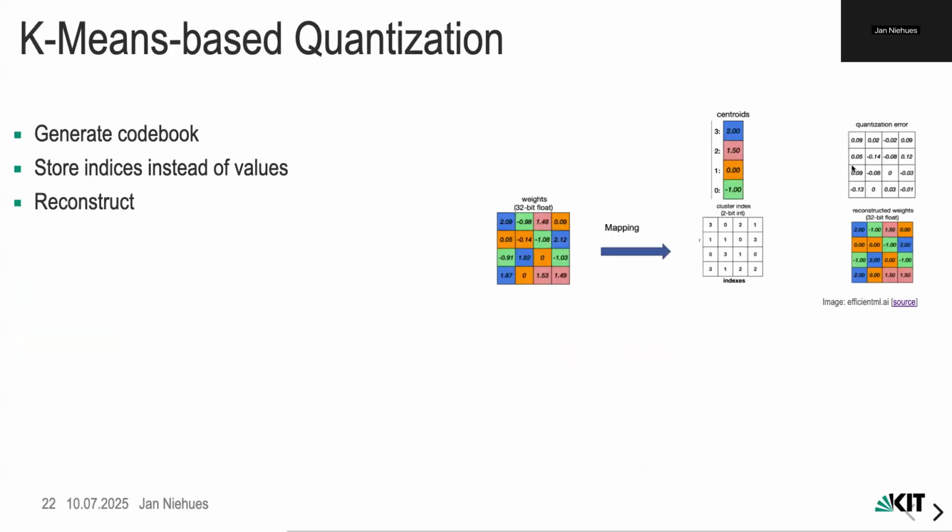And then what you can look at is you can also reconstruct. So if you reconstruct, you take your index again, create your centroid and get the numbers, and then up there you see how big your errors are. It's of course depending on how central the numbers are to your individual clusters, and you see that some are better and some are worse there.